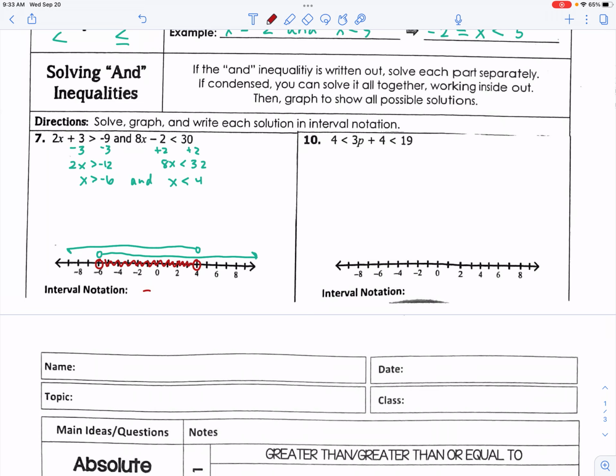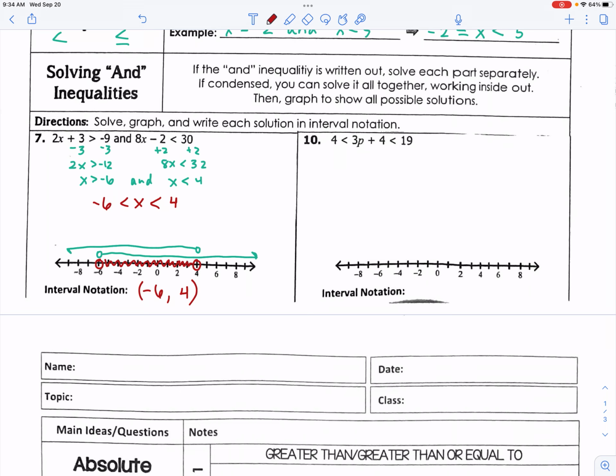For my interval notation, I'm going to put my two endpoints. I don't include the -6 and I don't include the 4. You can also rewrite this as a sandwich. We always go from smallest to largest number, and then we just put our inequalities here: less than, and that one's going to be a less than as well.